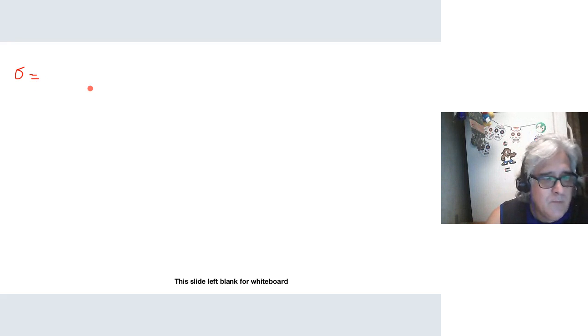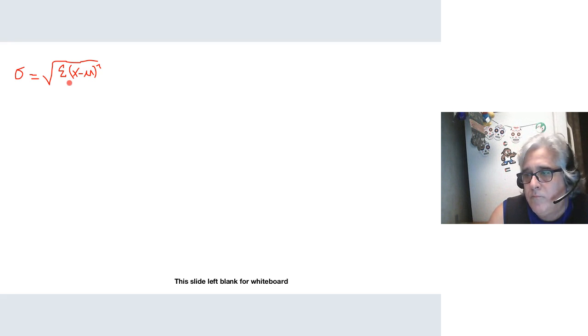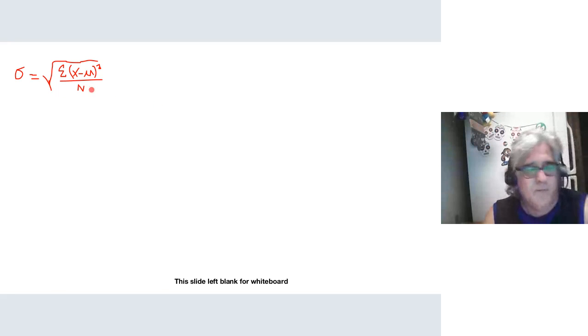It's a baby sigma, lowercase sigma. All of the population parameters and statistics, they all use Greek symbols. So that's n right there.